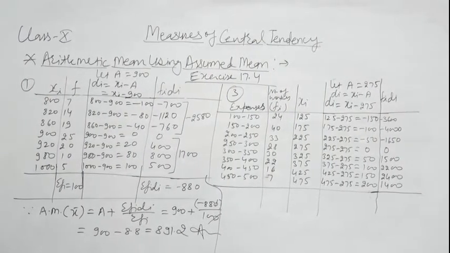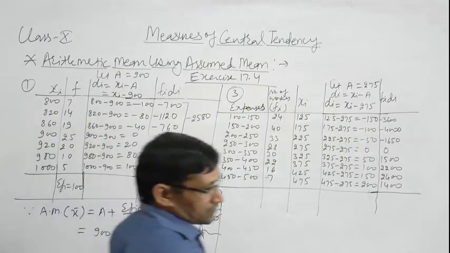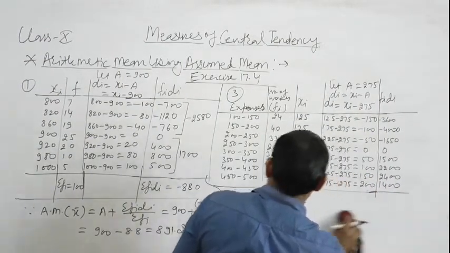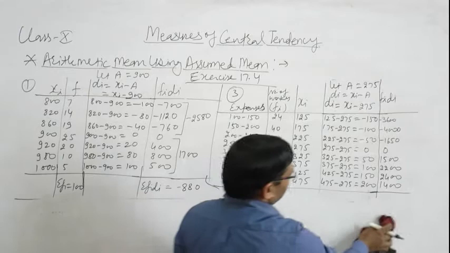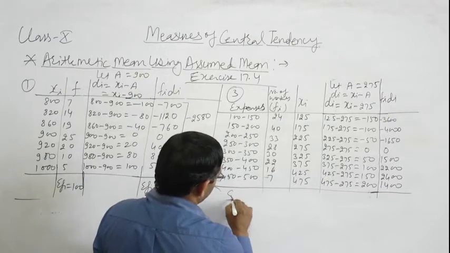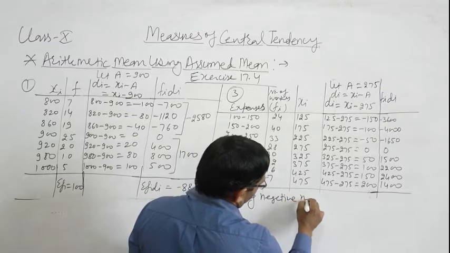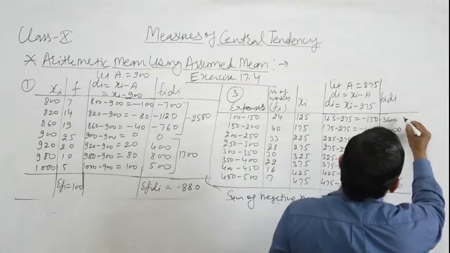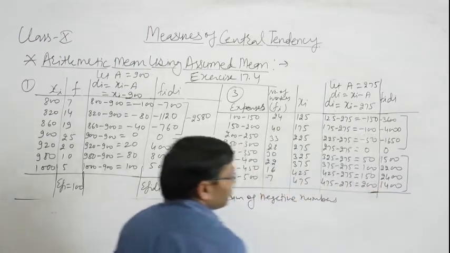Now we find the sum of negative numbers and the sum of positive numbers. Sum of negative numbers means the sum of these three numbers, and then the sum of positive numbers.